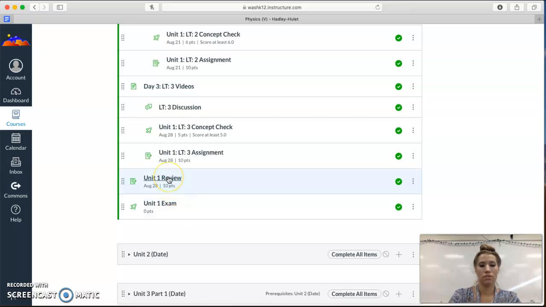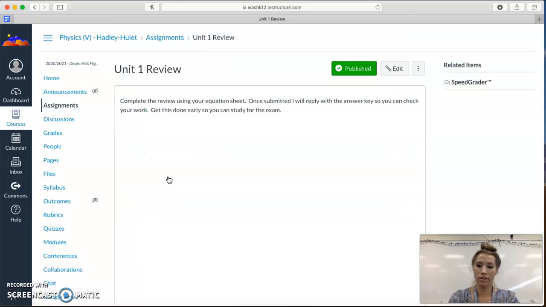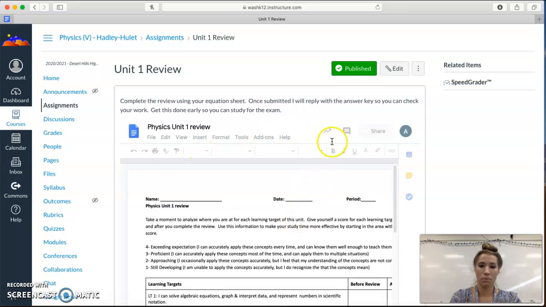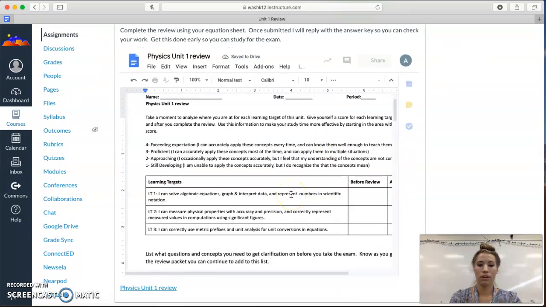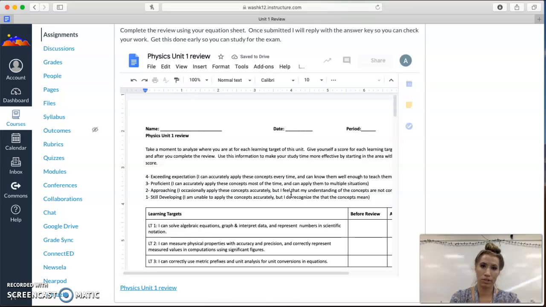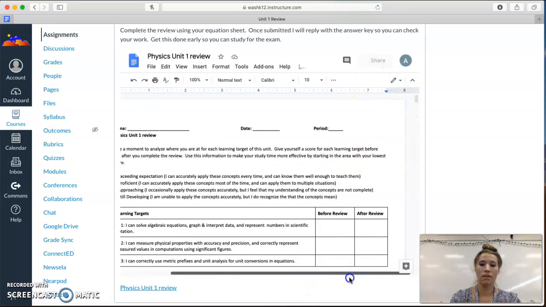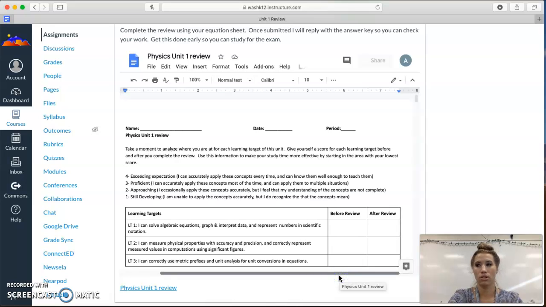Okay, so the review talks through items through the unit. It's a good representation of material that you're going to see on the exam. And when you turn in the completed review, when I reply and give you a score, I will link the answer key to the review so that you can go through and check all your work and let me know if you have any questions about that.